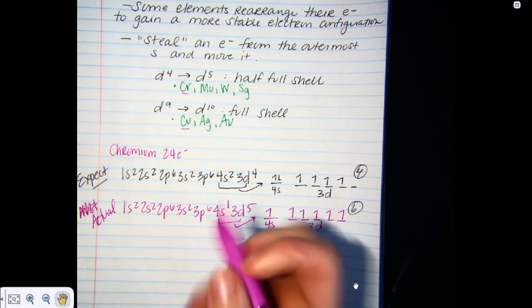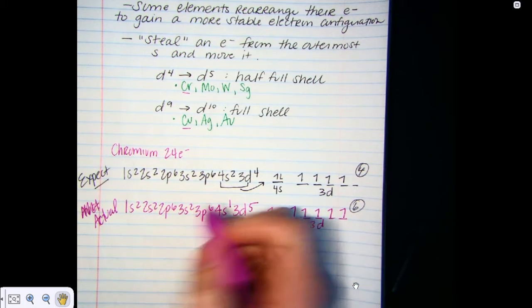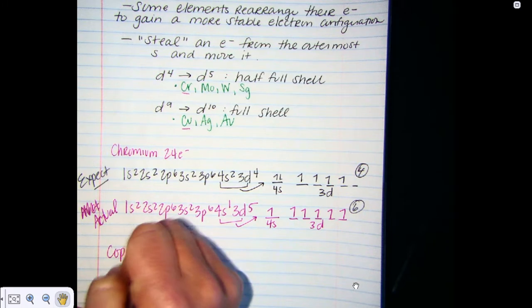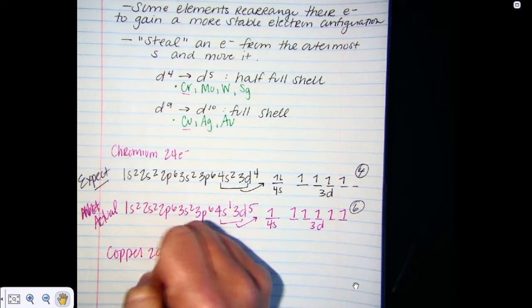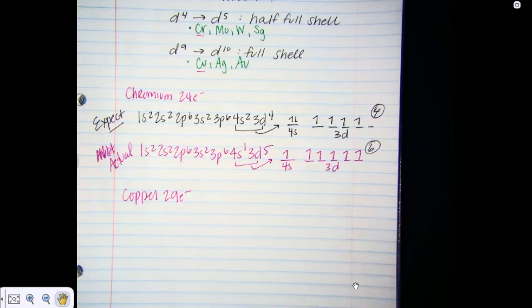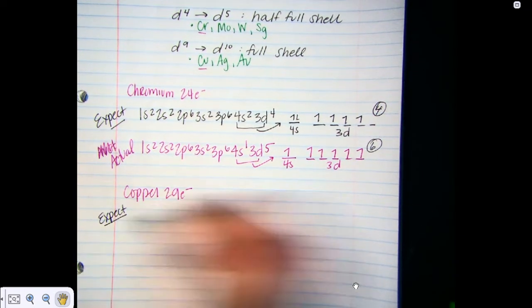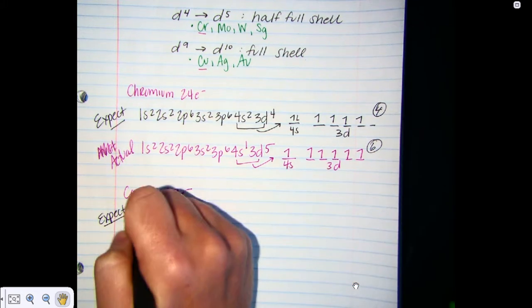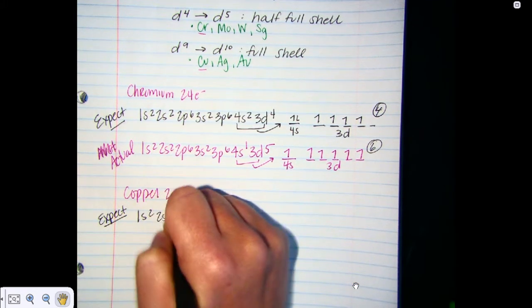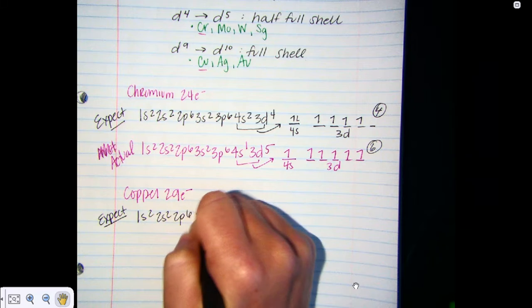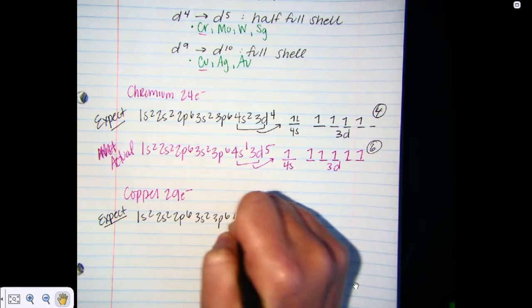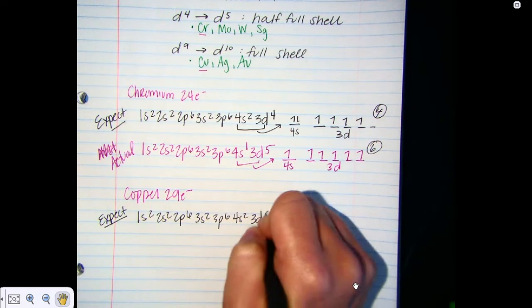All right, let's do copper. So we can show a D9 to a D10 one. So copper has 29 electrons. So same thing, I'll do the expected in the black. I would expect this: 1s2, 2s2, 2p6, 3s2, 3p6, 4s2, 3d9.